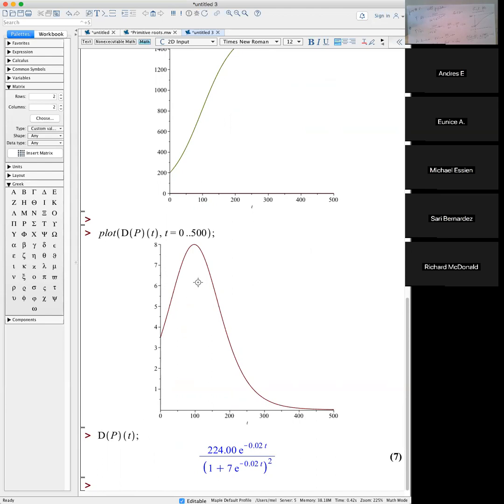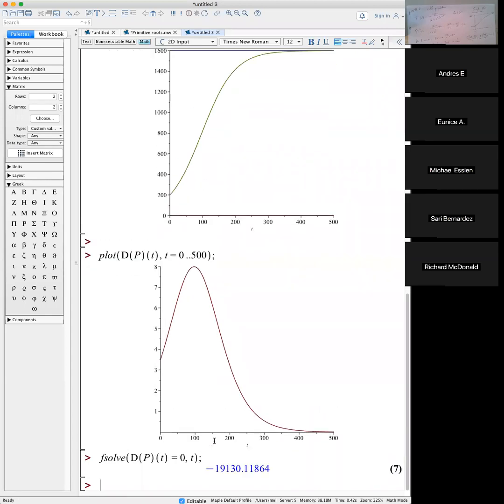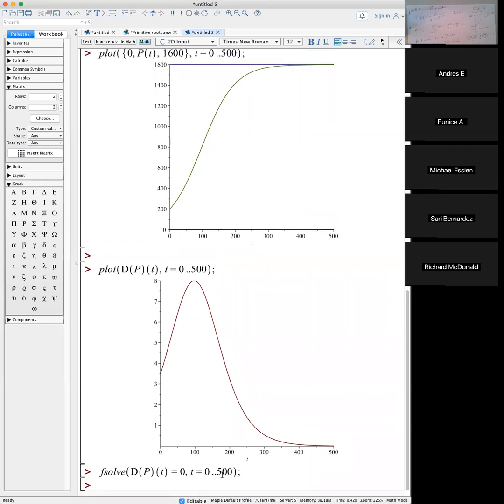And you have a maximum where the derivative is 0. Suppose I say solve this equation for t. This says, find where the derivative of the population growth is 0. And that's weird. Let's look for a positive solution. That doesn't make any sense.